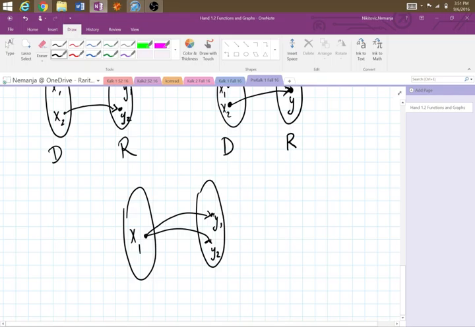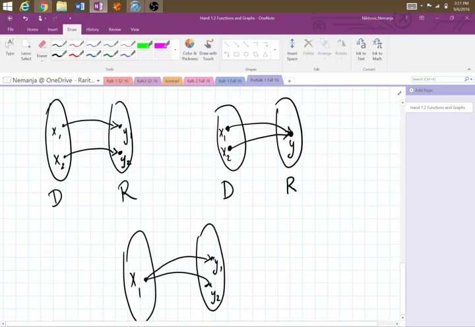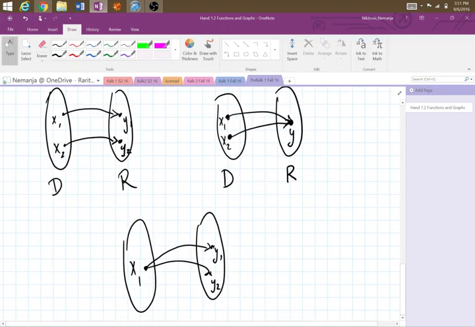How about this one? Now, do you get the difference between the two? So over here, uniqueness is gone. A single x produces two different y's.